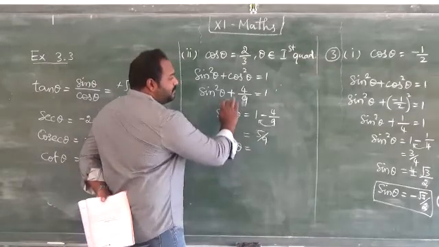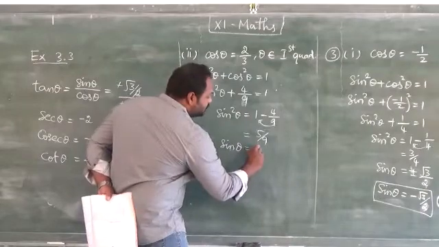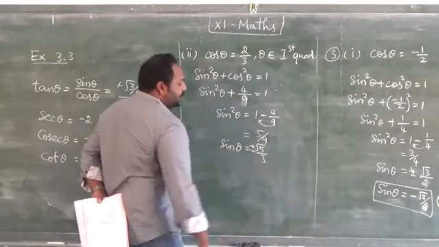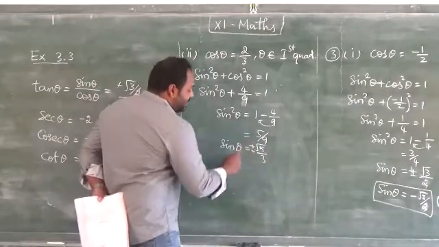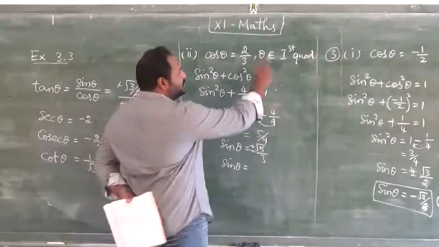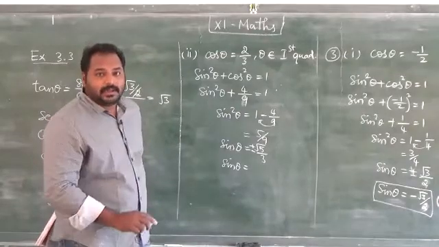If you bring this power to the other side, it automatically becomes a root, so plus or minus root 5 by 3. Next, whether the sin value is positive or negative, we have to check in the quadrant. Theta belongs to the first quadrant. In the first quadrant, all the functions are positive.